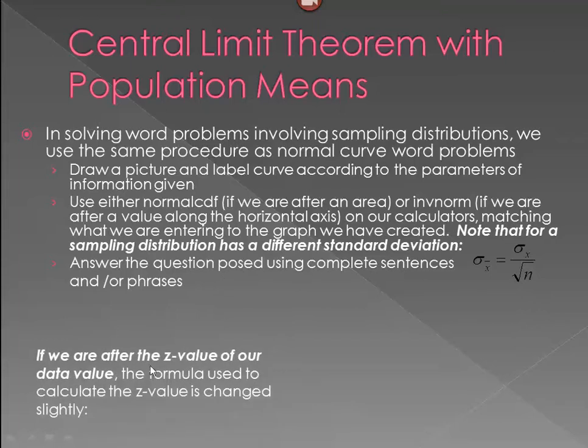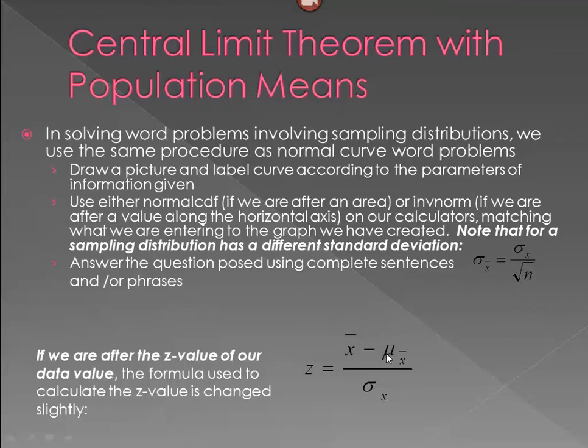If we're after the Z value of our data value, remember what that tells us for any individual value. We can use this translation formula that takes us from our data to what it would be in terms of standard deviations. It is modified slightly because we're talking about not just the x, a single data value from a population, but rather a collection of values, a sample of values that we have found the mean of.